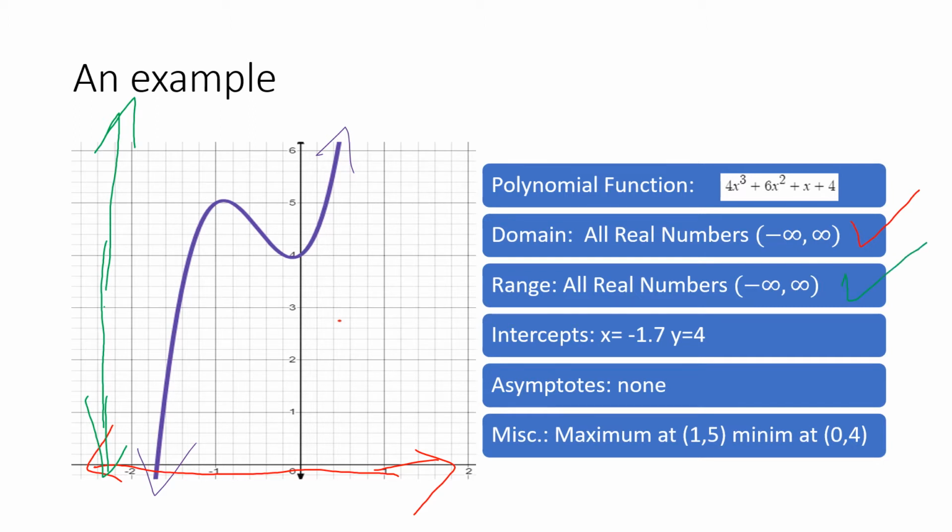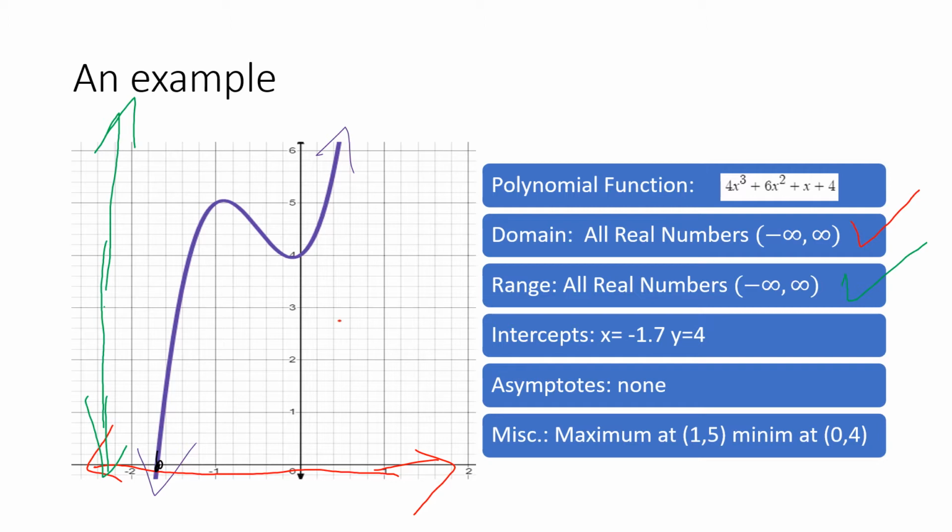So let's talk about intercepts. Intercepts are where the graph crosses the x and y axis. Let's find out what the x value is. I told you it's negative 1.7, and that happens because of right here. That's the x-intercept.